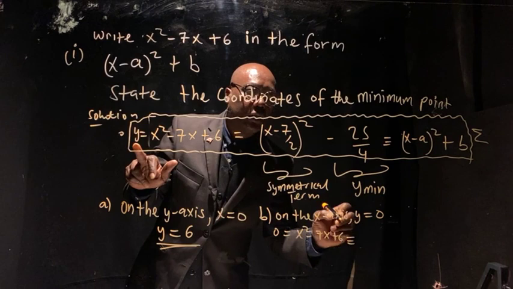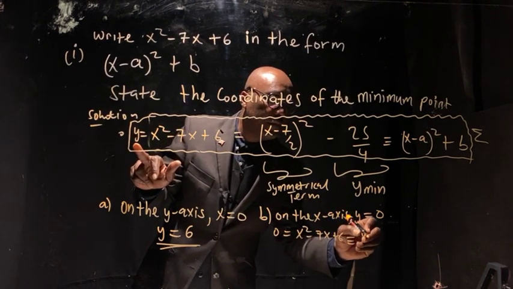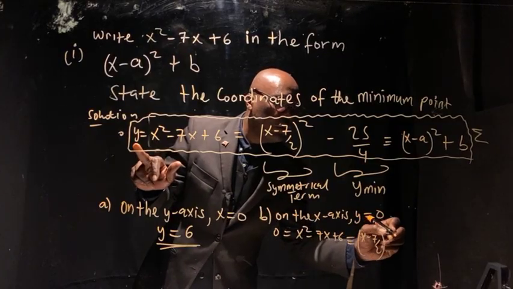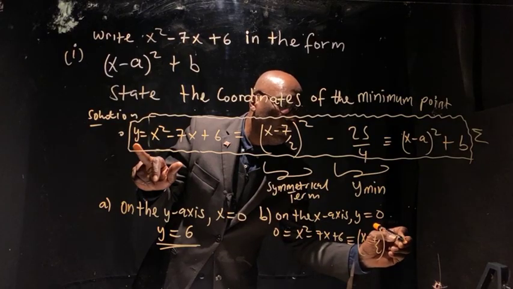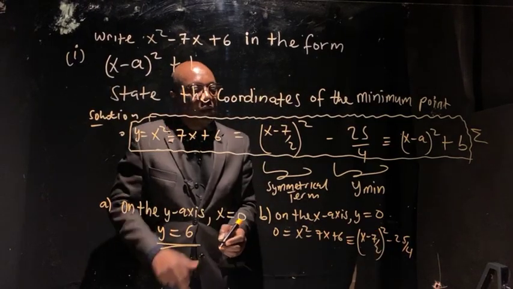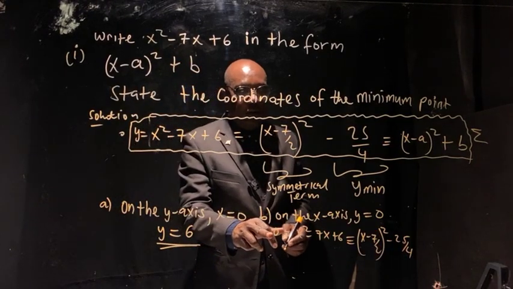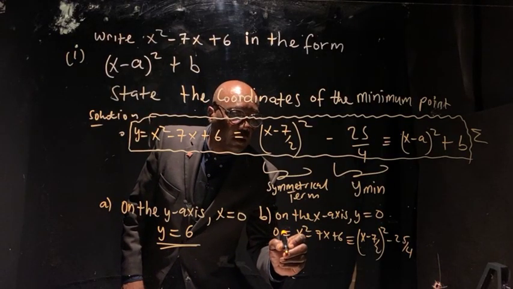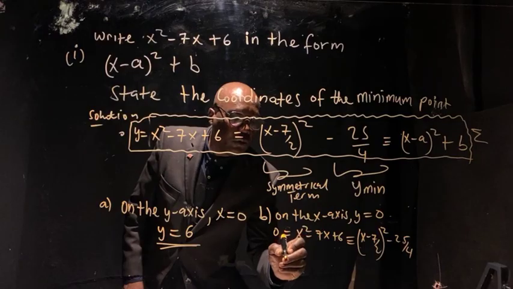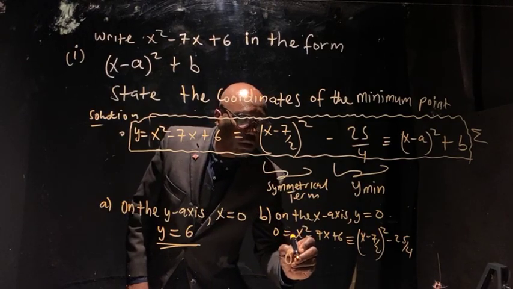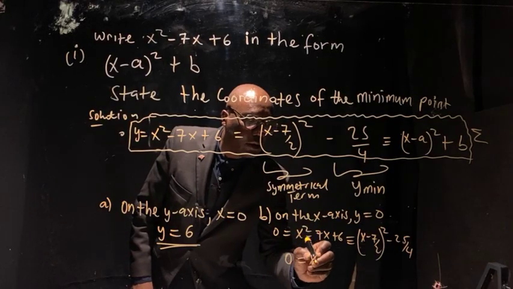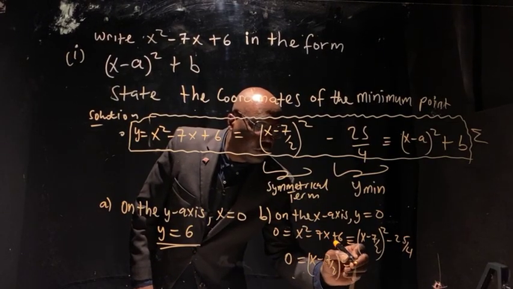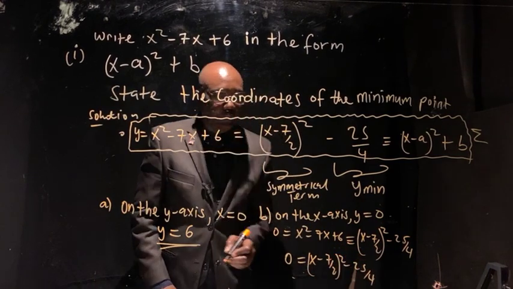This is identical to x minus 7 over 2 squared minus 25 over 4. If the left-hand side is equal to 0, then 0 is equal to x minus 7 over 2 squared minus 25 over 4. Good.